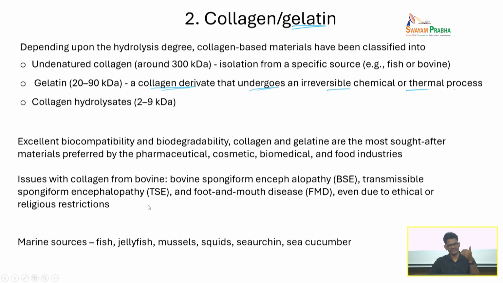And if you reduce the size even below that, then we have something called collagen hydrolysates, which have a molecular weight between 2 to 9 kilodaltons. So collagen, you can find in 3 different forms depending upon the molecular weight: the native or undenatured collagen, or gelatin, or collagen hydrolysates. And this is basically a kind of small oligomer of the collagen unit.